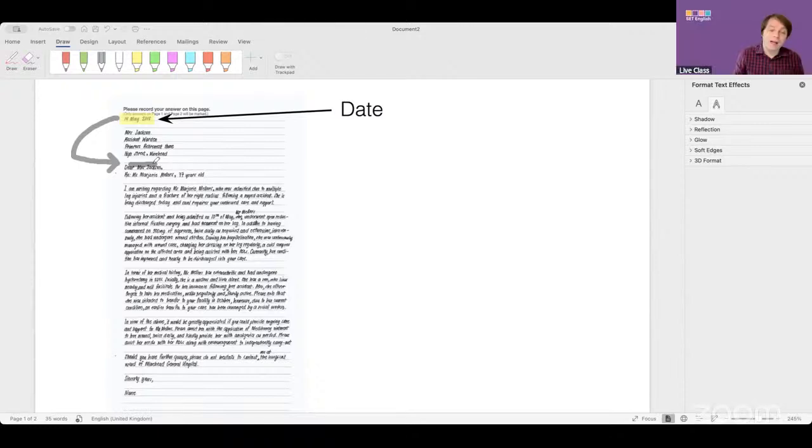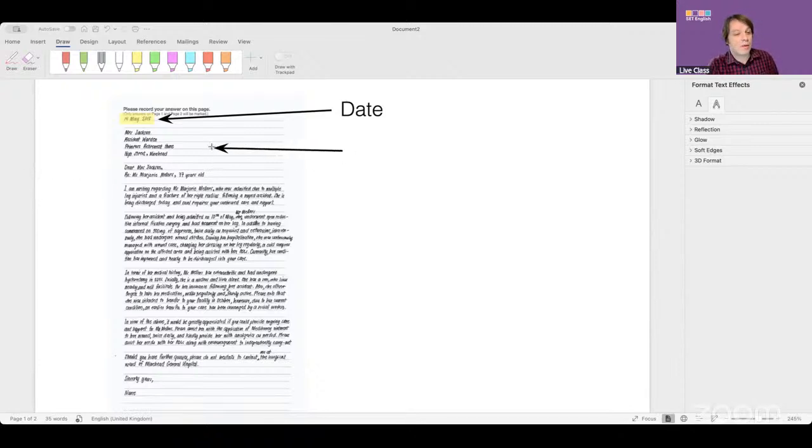I remember my OET training, when they taught me this, they said, look, the date is above or below the address. So it doesn't matter. You choose.